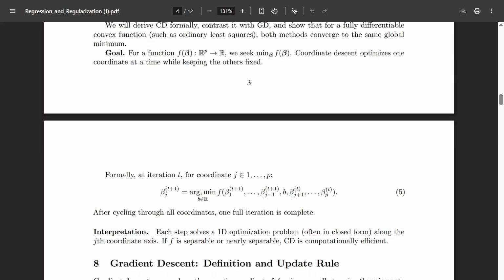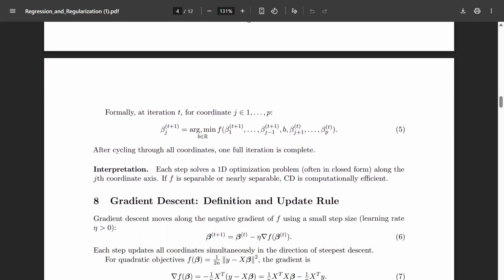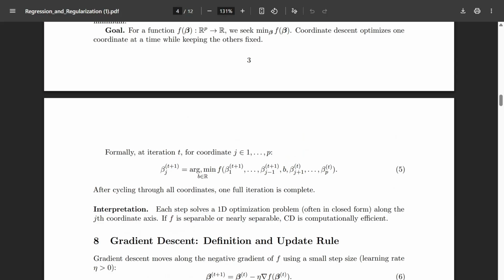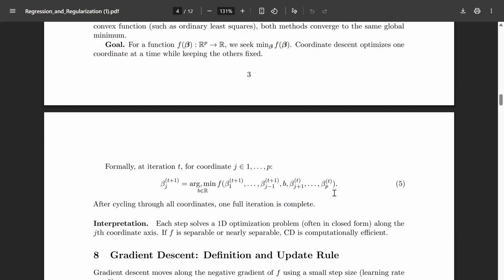Let's say you have a bunch of parameters, like your weight vector has p of them, w1, w2 up to wp. You fix all the other parameters and do an update on only one of those parameters. Then you fix that parameter and do an update on the second parameter.